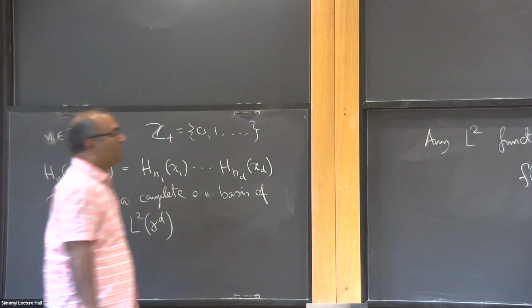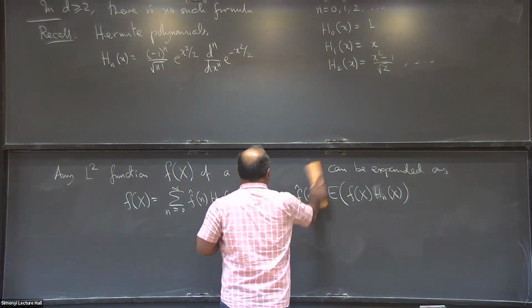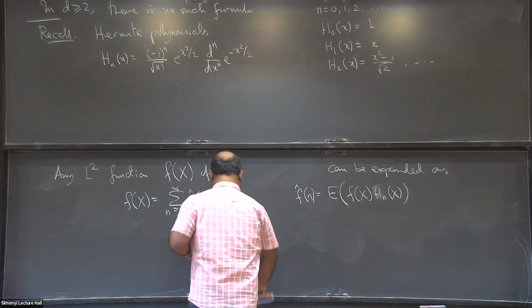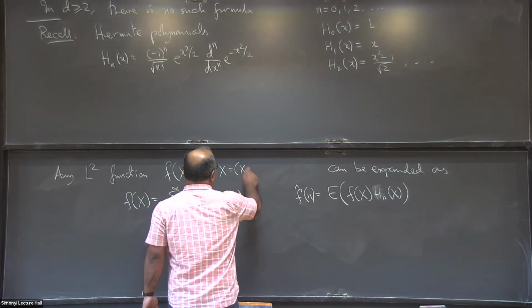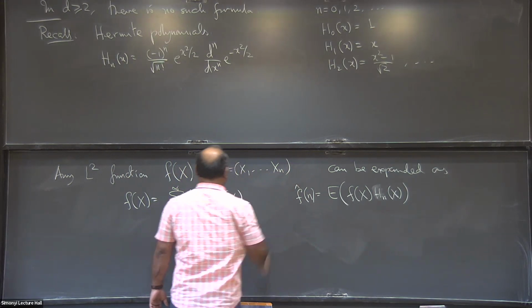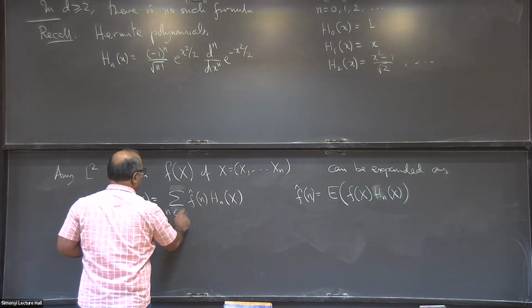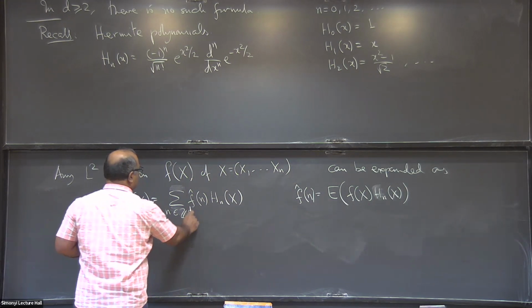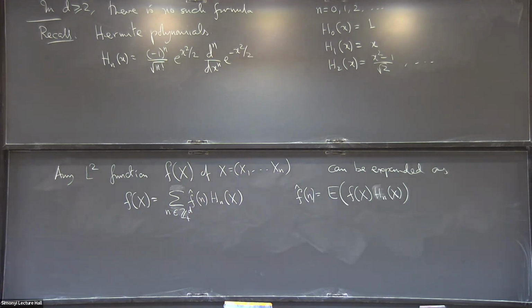So again, instead of this here, you now have f(x1 to xd) can be represented like this, where n now goes over Z plus to the d, and the rest is the same. Any questions about this? So you have any L2 function of d independent Gaussian random variables.